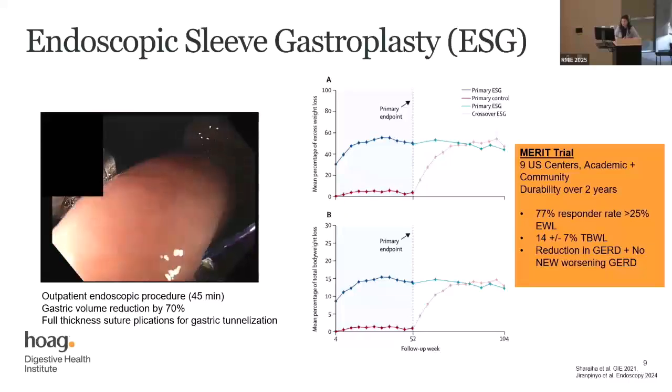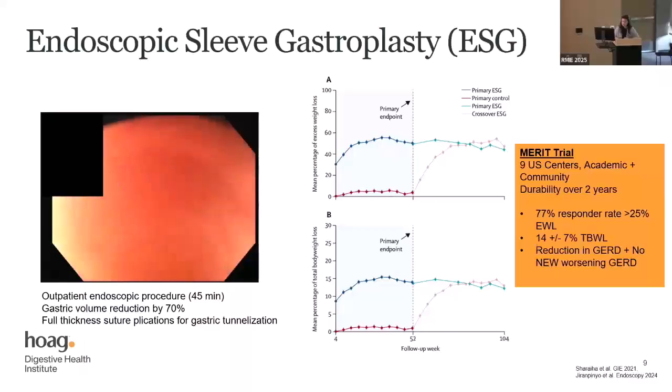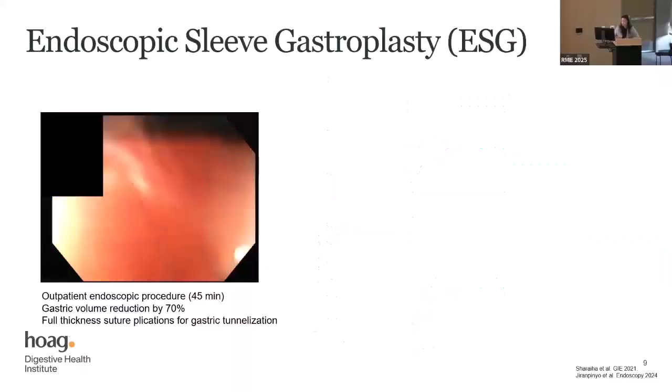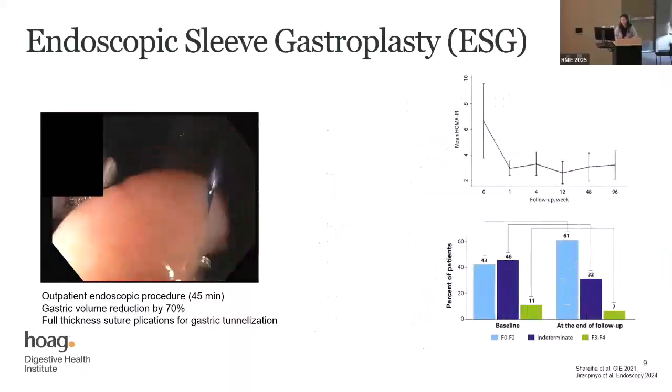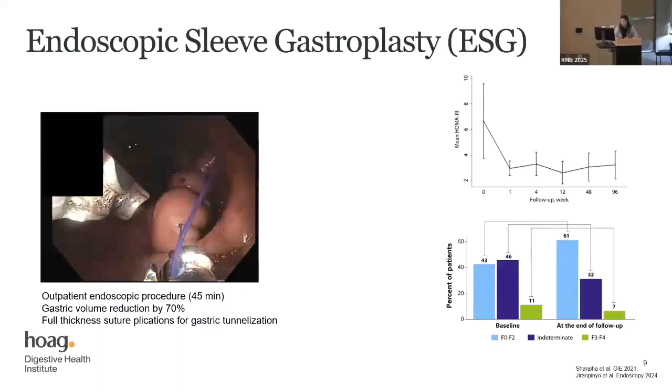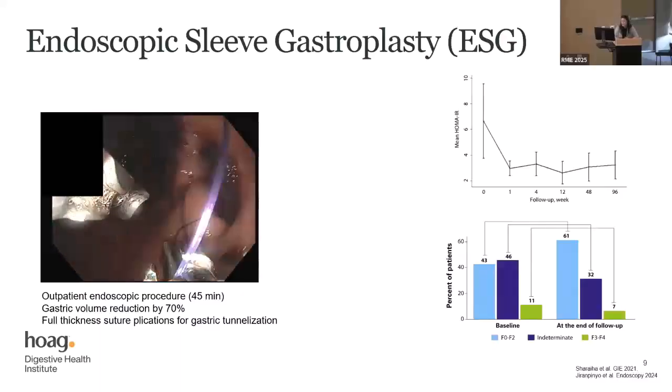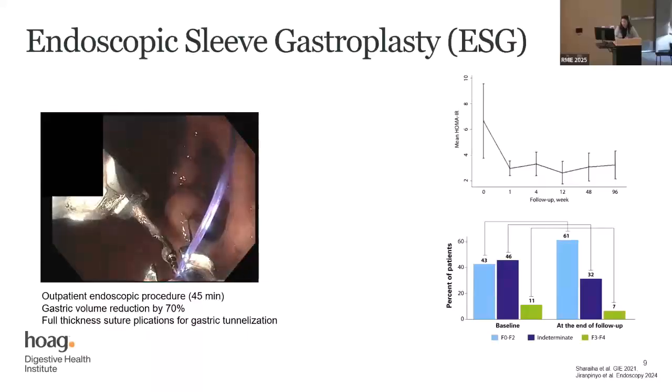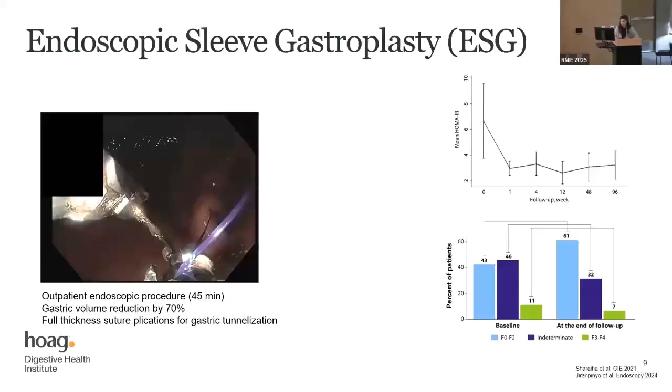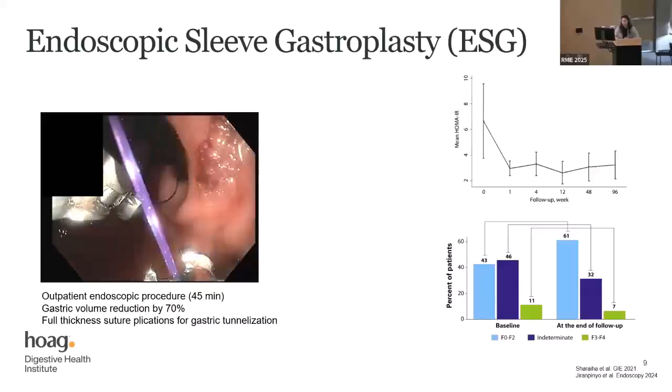That rate is significantly reduced in ESG to only around 7%. ESG has also been shown to have improvements in diabetes indices and HOMA-IR scores. And the bar graph below shows that it also has a role in decreasing the rate of fibrosis in patients with liver disease.